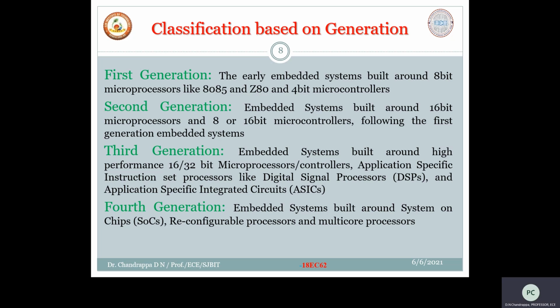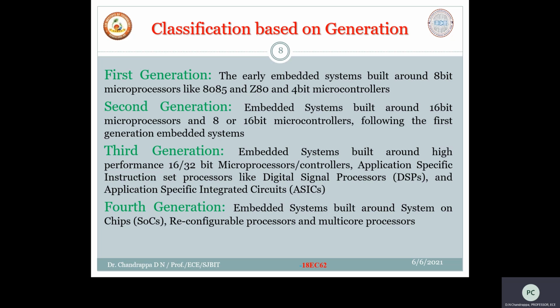In the first generation, they started with only 4-bit and 8-bit microcontrollers. This is what is called the early embedded system, built around 8-bit microprocessors like the 8085, a very popular 8-bit microprocessor.